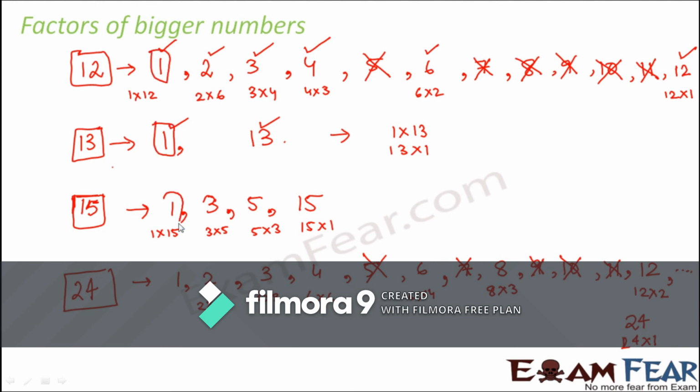Whichever number we have considered, everywhere we saw that 1 is a factor of that number. And another observation is that the number itself is also a factor of that number. You see, 12 is a factor of 12, 13 is a factor of 13, 15 is a factor of 15, 24 is a factor of 24, and so on. So that means that 1 and the number itself, these two are factors for every number.